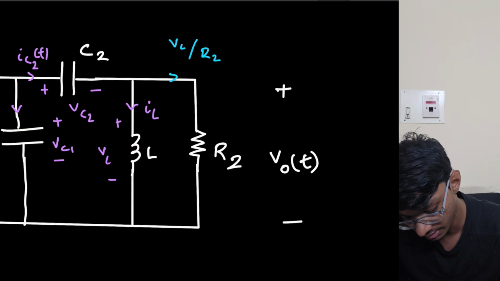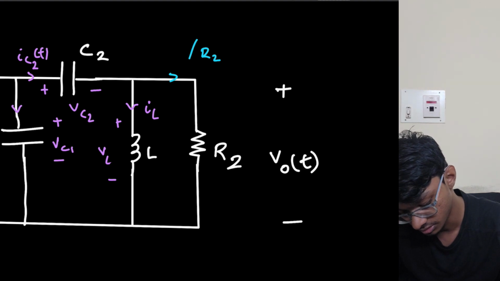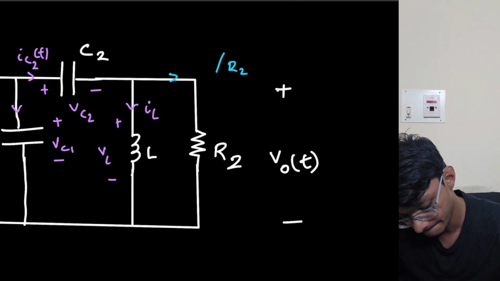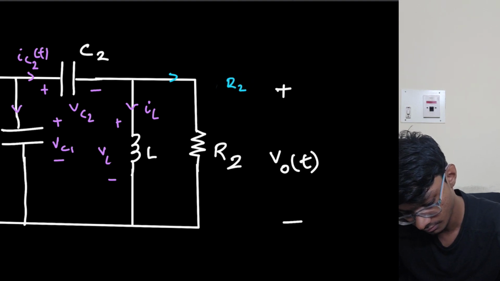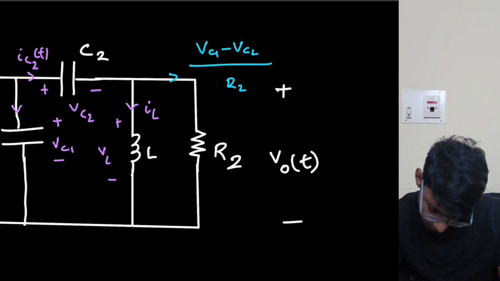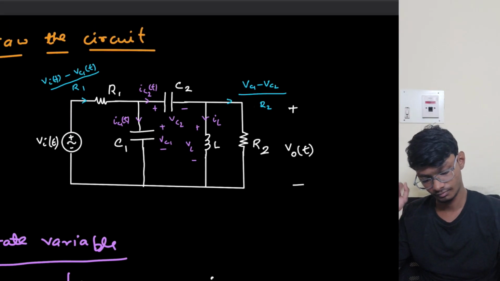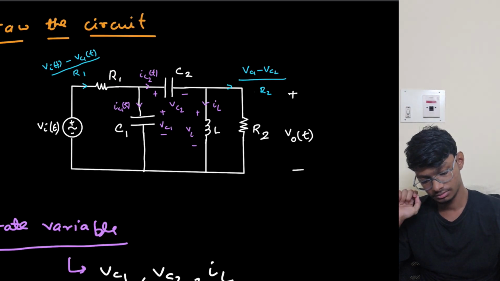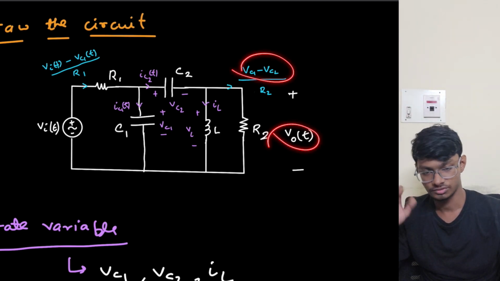Here I can write this in terms of state variables. So I replace VL with VC1 minus VC2. Here I am able to write the output in terms of state variables.